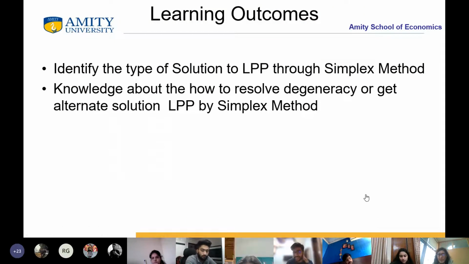Have I started recording the session? Yes. So today we'll discuss how to identify the different types of solution to the linear programming problem while attempting to find the optimal solution using the simplex method. Then we'll see how we can solve the problem of degeneracy or get an alternate solution using the simplex method.